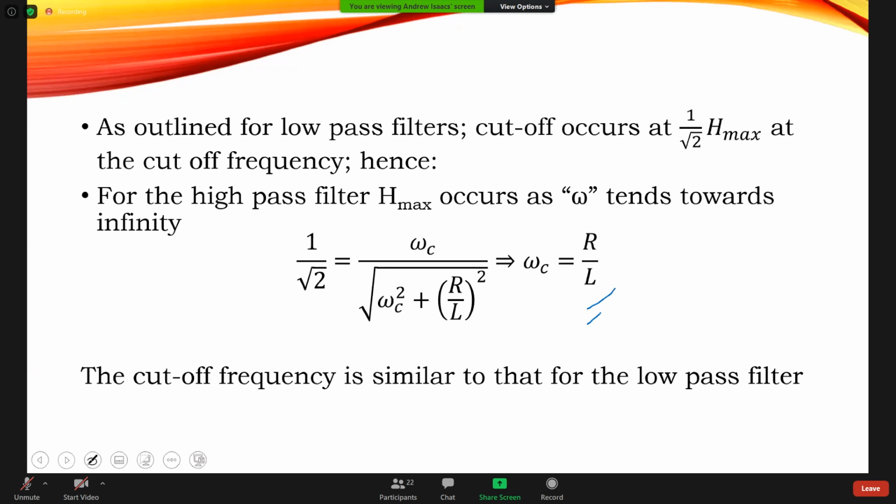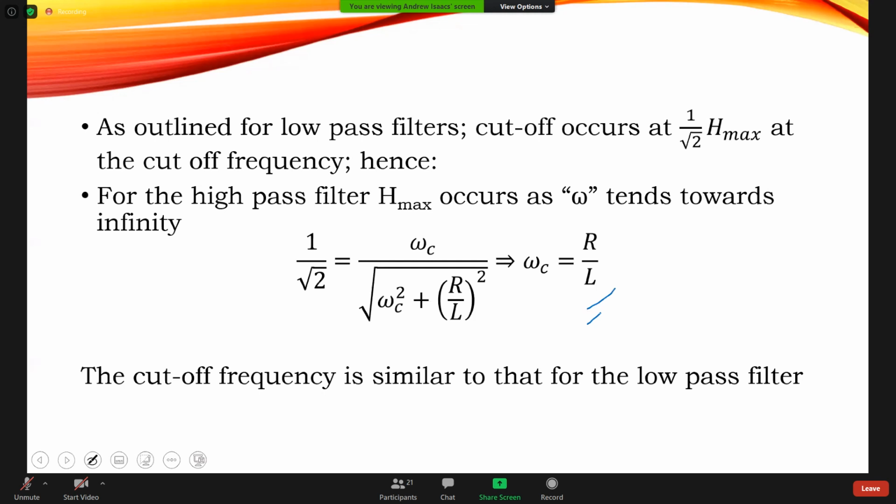So for both high pass and low pass, the cutoff will occur at 1 over tau, tau being the time constant for the RC circuit or the RL circuit. All right.